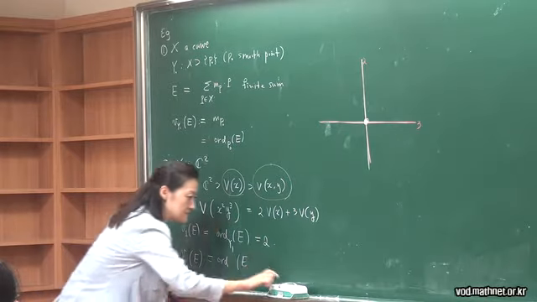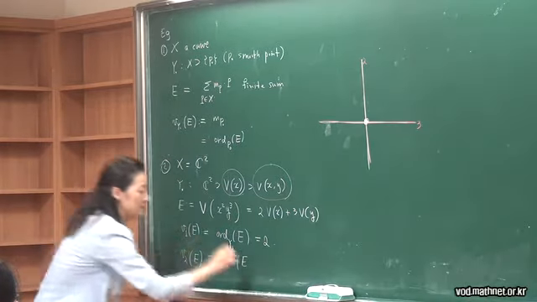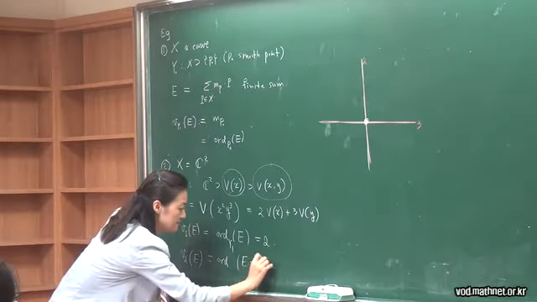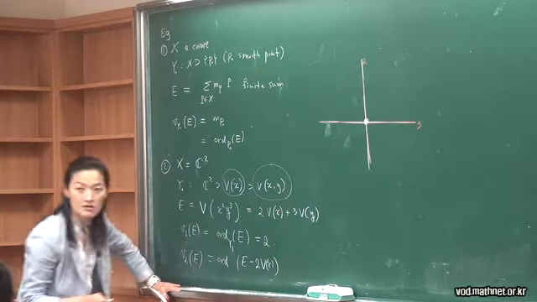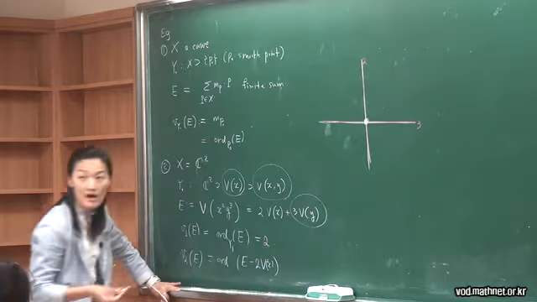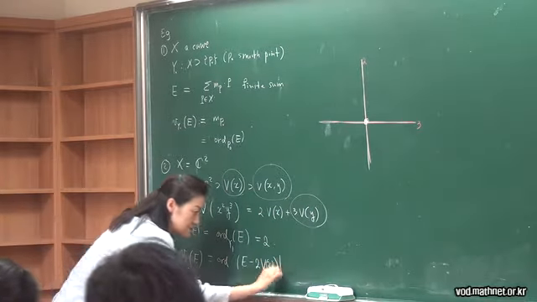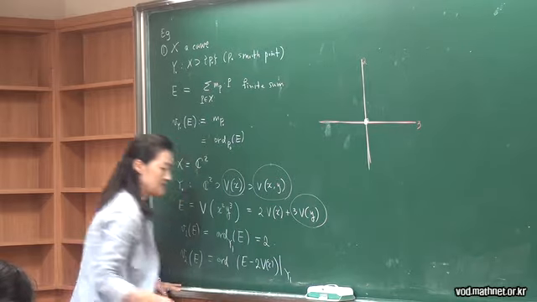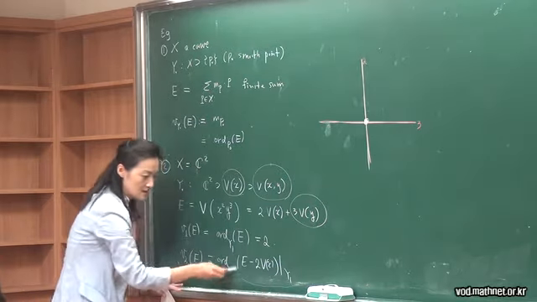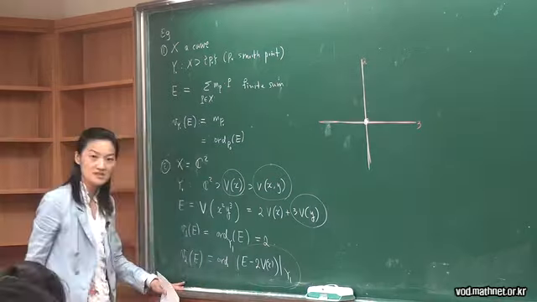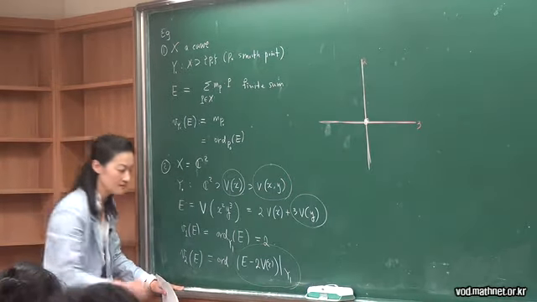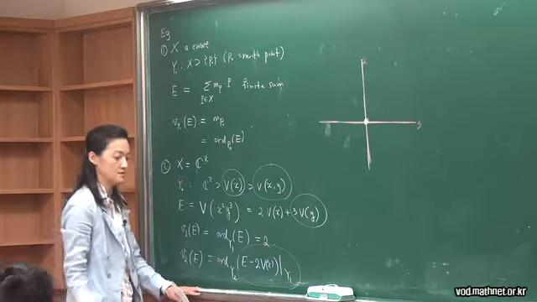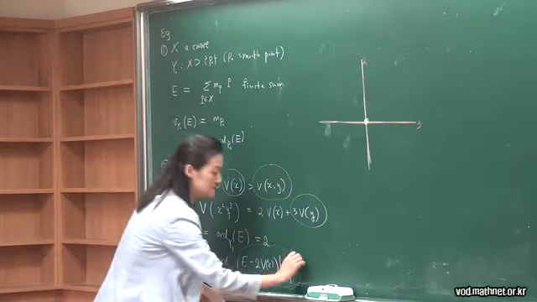We restrict to this codimension 1, so E minus 2 times V(x), which is the remaining part. Now you restrict this to Y1, which is one-dimensional, and take the vanishing order along Y2. That will be, in this case, 3.